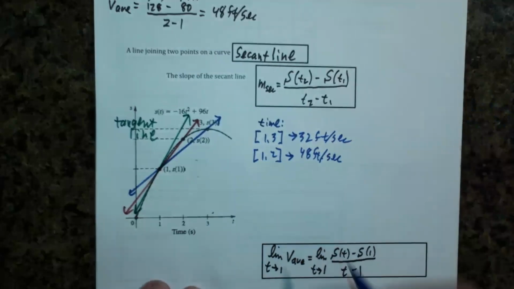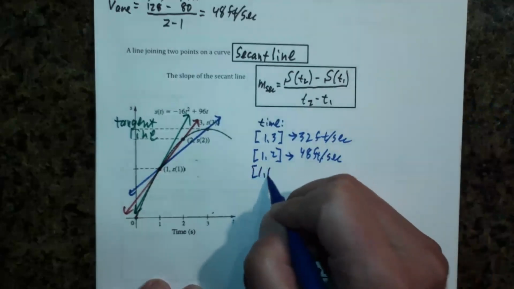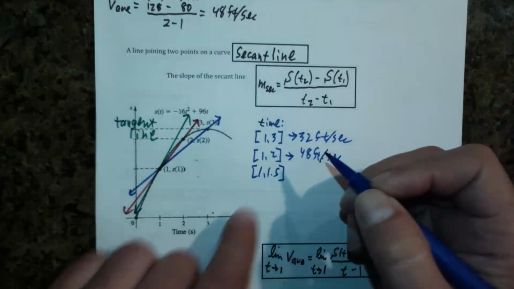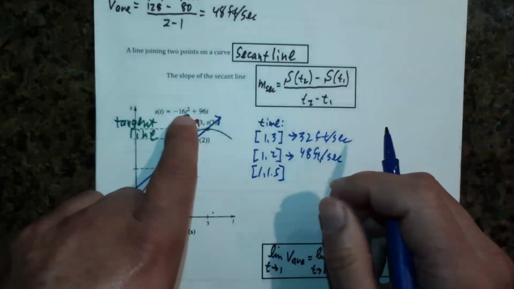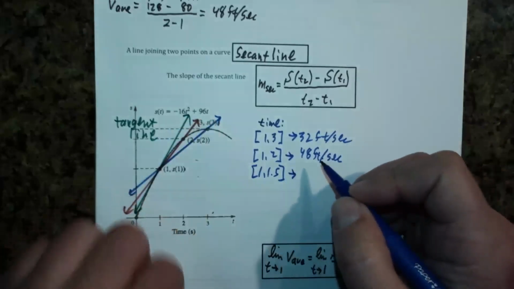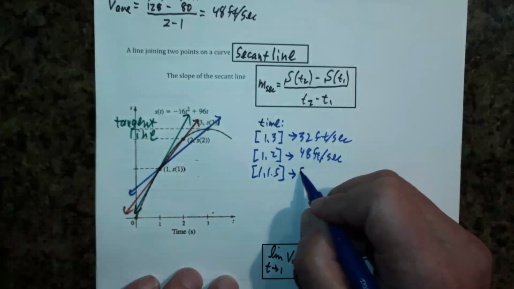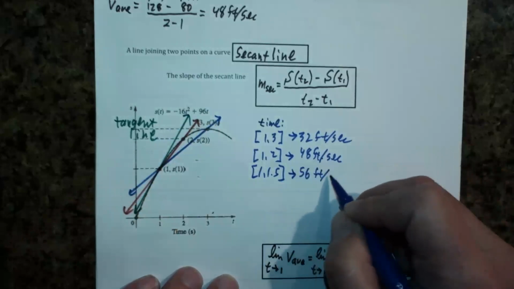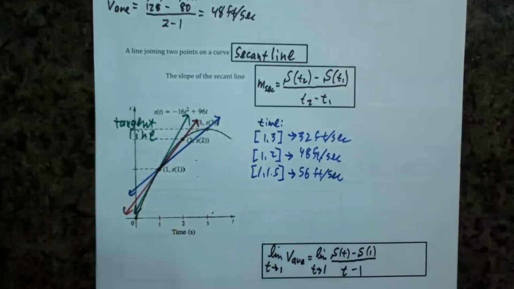And if we keep going, meaning I take 1.5 and I plug it into there and there, and then the one we already have, if we were to calculate that out, we would end up with 56 feet per second. You can verify all of this with your calculator.